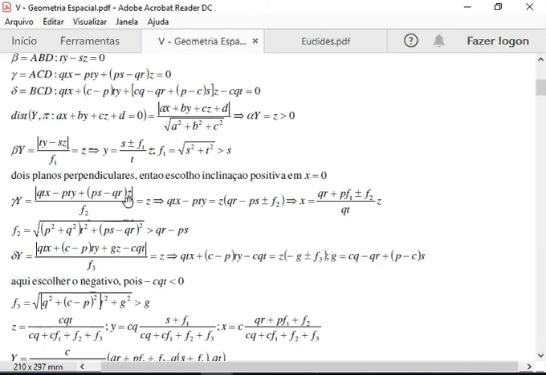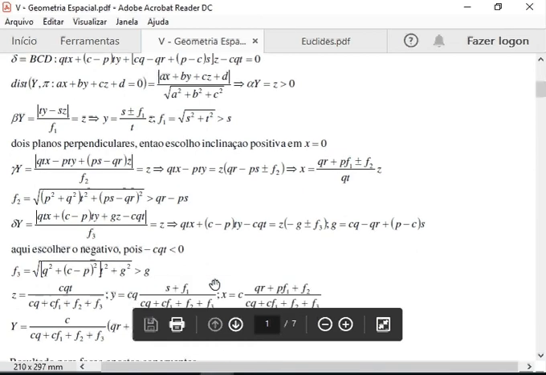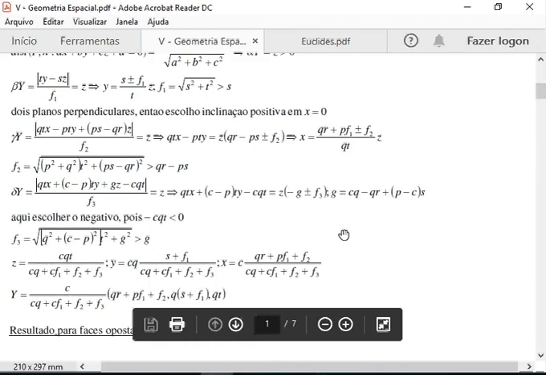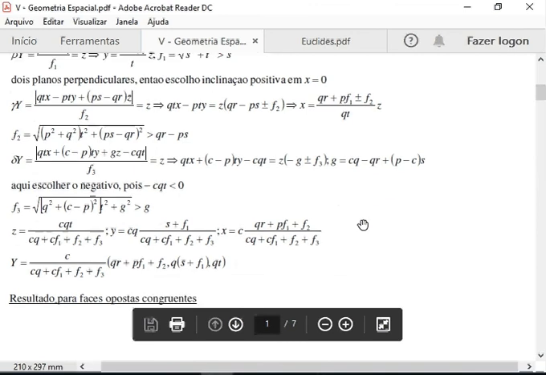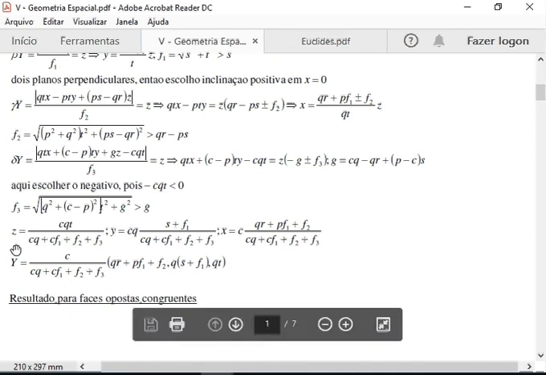Note that here I chose minus F3, F2 on the contrary, because CQT is less than 0. This is the detail. I will not enter into details.